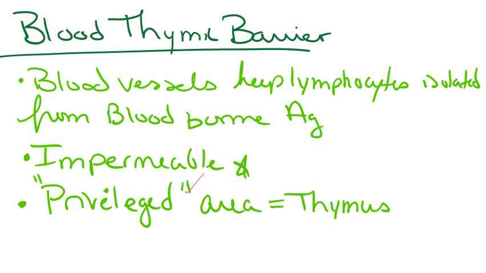In addition to that, we only allow those T lymphocytes that have undergone the process of positive and negative selection out of the thymus. We also have several layers of checks and balances in terms of structural cells that are bound by desmosomes, i.e. type 1, type 3, and type 4. In addition to that, we also have a very thick connective tissue capsule that prevents anything from coming in that way as well. So it's essentially impermeable.